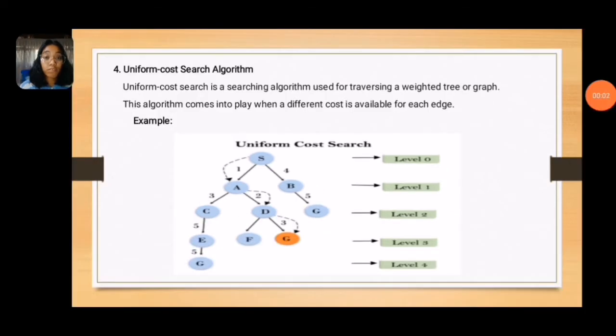The fourth type of uninformed search algorithm is the uniform cost search algorithm. Uniform cost search is a searching algorithm used for traversing a weighted tree or graph. This algorithm comes into play when a different cost is available for each edge.